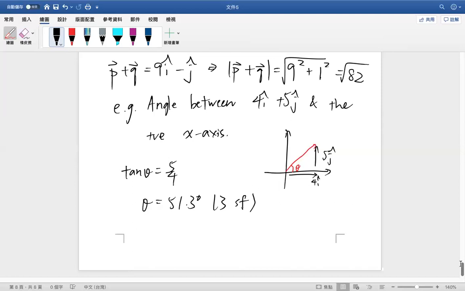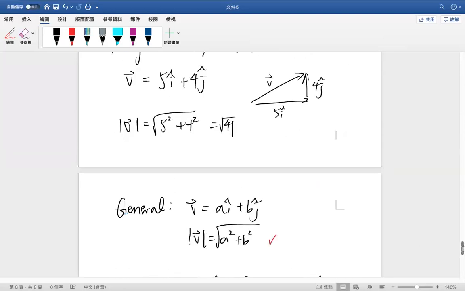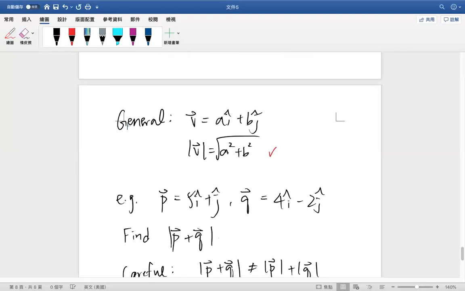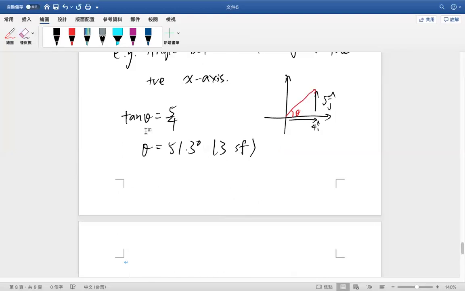Remember that apart from displacement or abstract vectors, velocity can be described by a vector as well. So let's look at a case when the vector is a velocity.